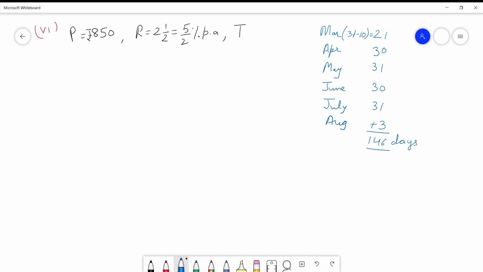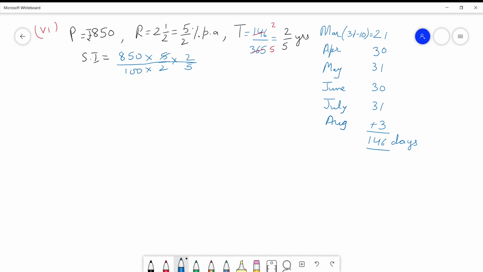So my time is 146 days divided by 365 as we did before. And when we cut it with the table of 73, you will get 2 and 5. So it will come as 2 by 5 years. Now to find out the simple interest, principal is 850, rate is 5 by 2, time is 2 by 5 and 100 downside.